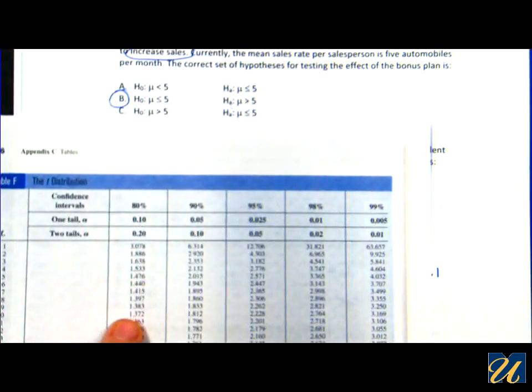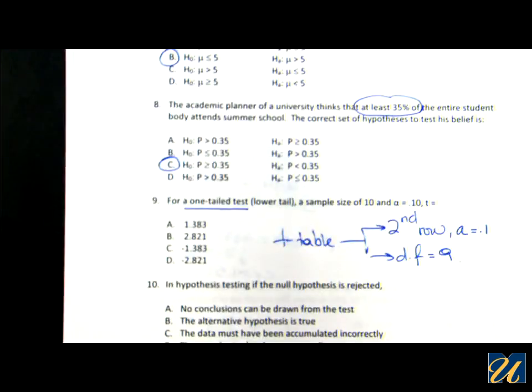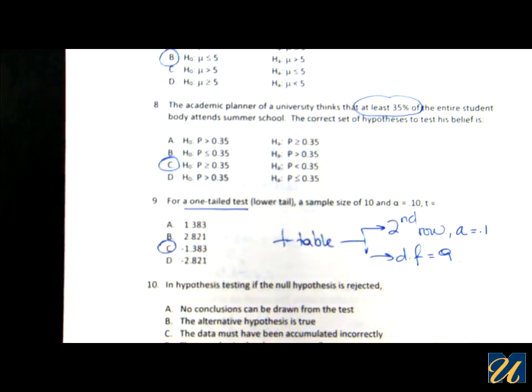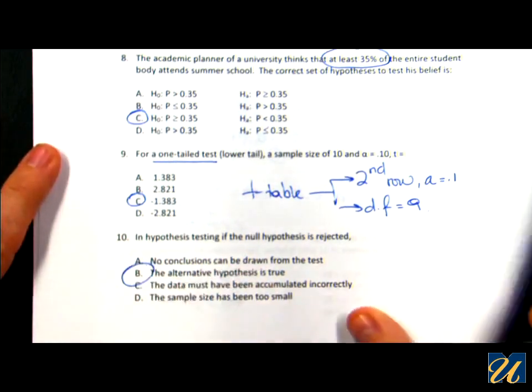So the correct answer will be 1.383. Since it's a lower tail, however, the correct answer will be negative 1.383. In hypothesis testing, if the null hypothesis is rejected, then the alternative hypothesis is true.